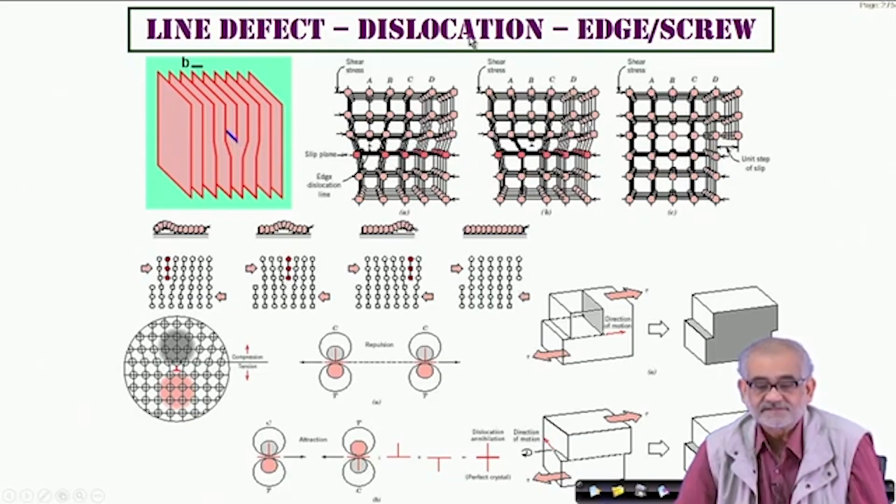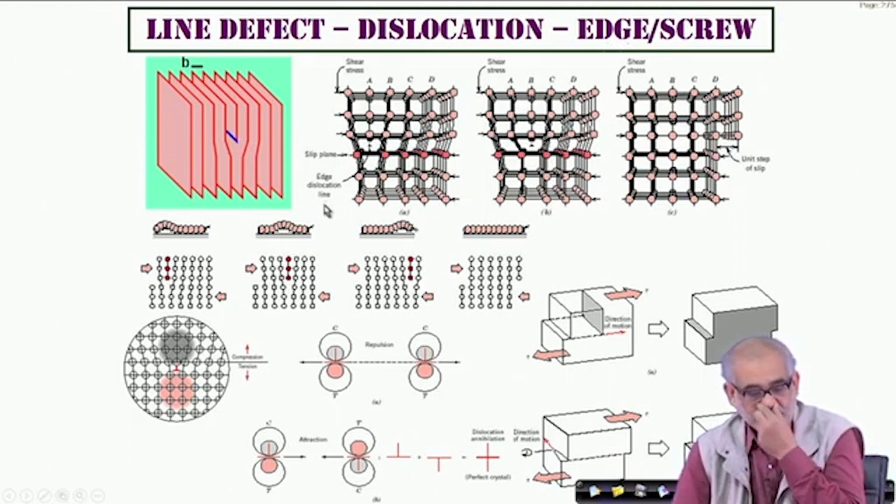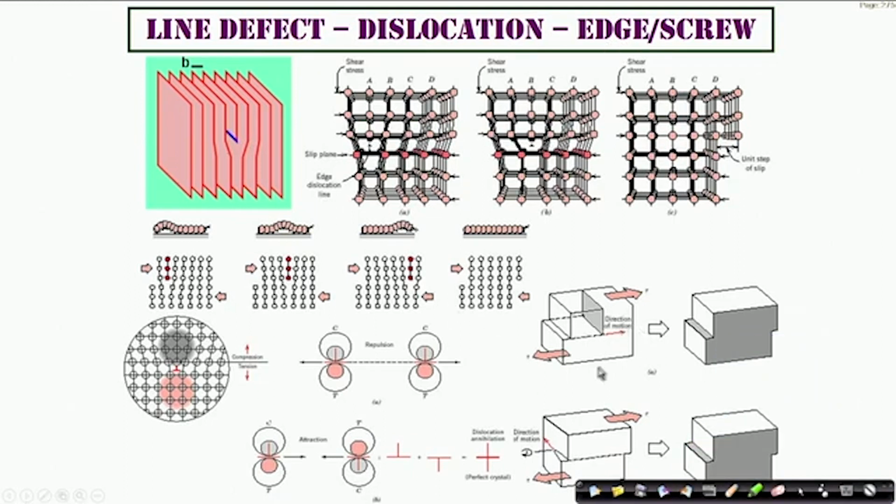And these line defects, by definition or convention, can either be an edge dislocation, which is what we have discussed now, or, because of certain twisting of the crystal, you can see the creation of another kind of dislocation, which is called a screw dislocation.